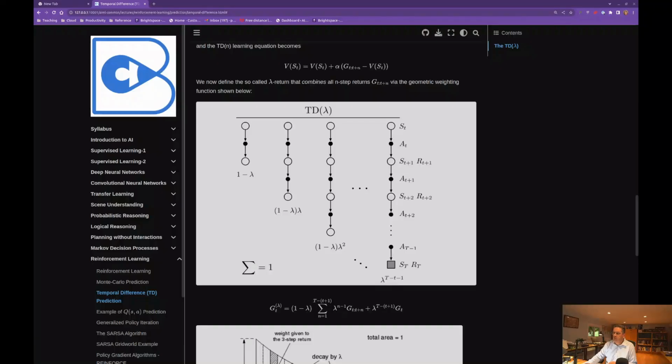As you can see from the side, the notation makes sense, because G from t to t plus 1 is what we had for the one step, t plus 2 for the two step, t plus 3 for the three step TD, and so on, all the way to TD infinity, in fact. And we'll see exactly how we will account for the terms after the terminating state.